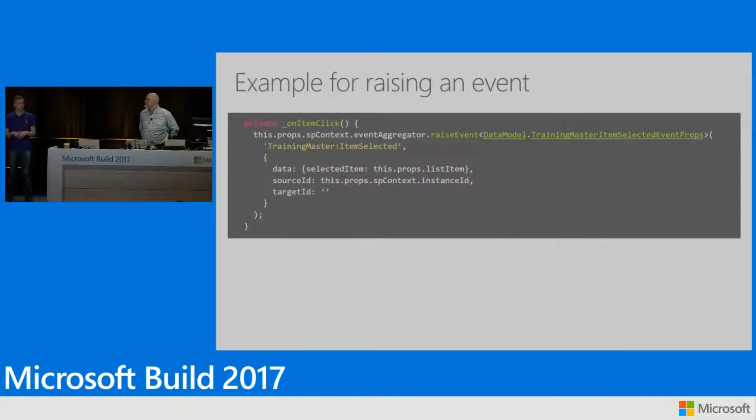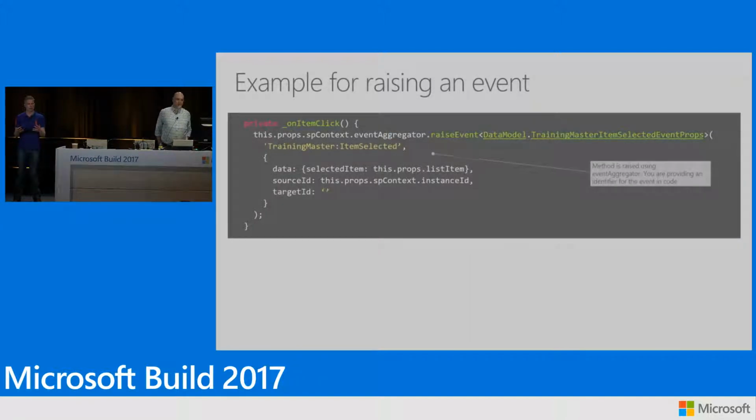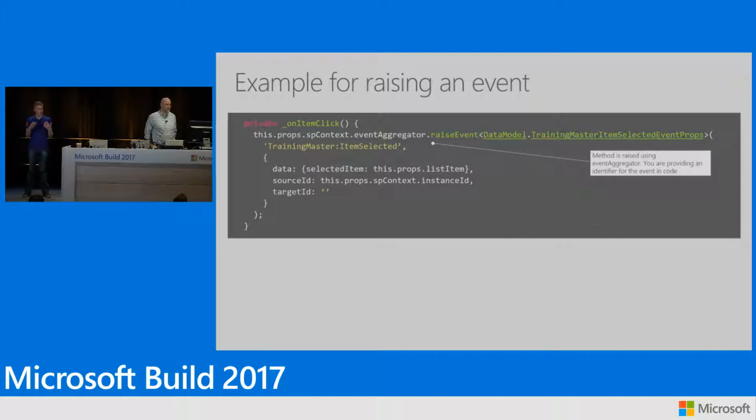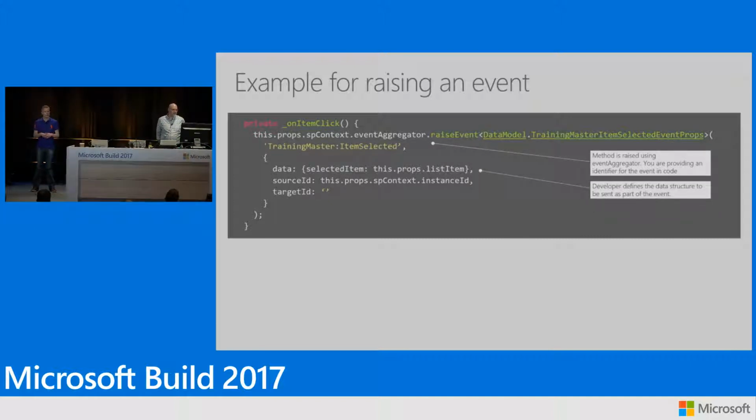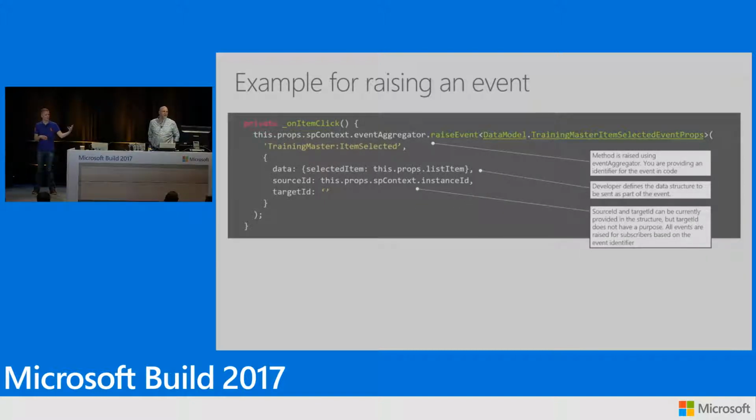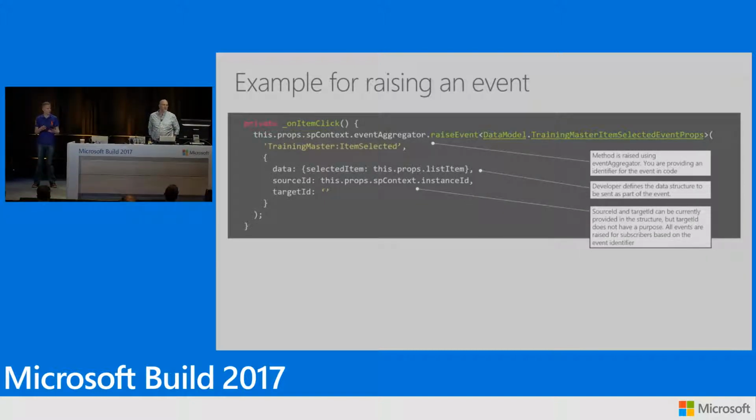Just quickly showing some code. We're not going to spend too much time on this one because we will have a live demo on it as well. But how it works is that we have a web part which is raising an event using the methods and services from the SharePoint Framework. The event has a unique identifier. In this case, it's training master item selected. And then that's being thrown to the SharePoint Framework.